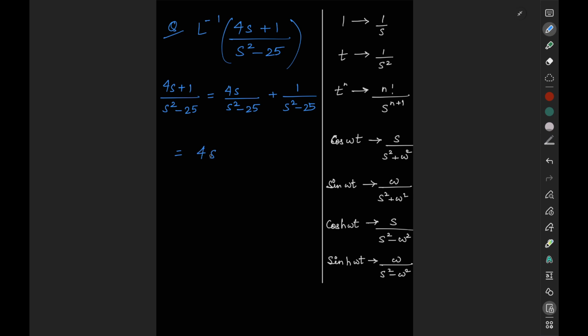This can be further written as 4s upon (s square minus 5 square) plus 1 upon (s square minus 5 square).